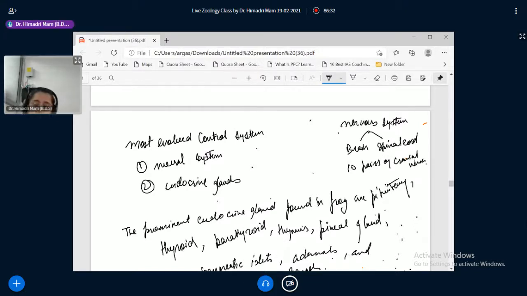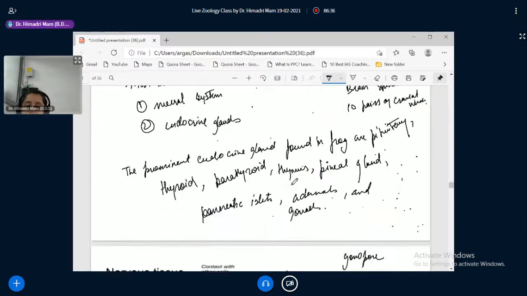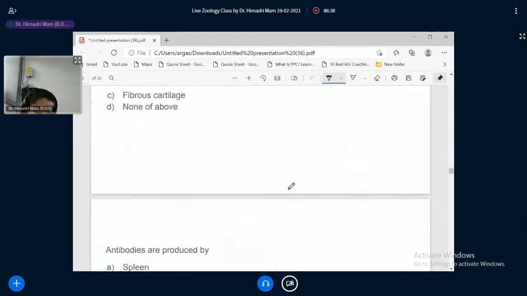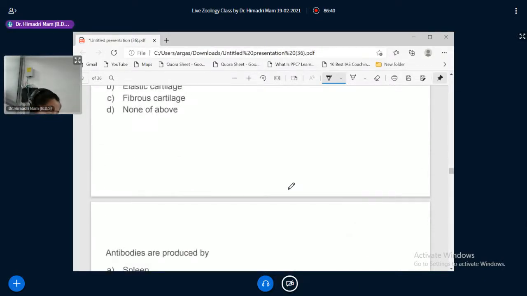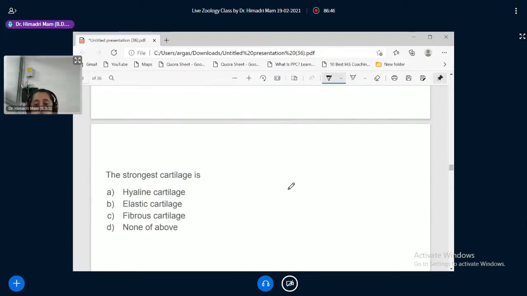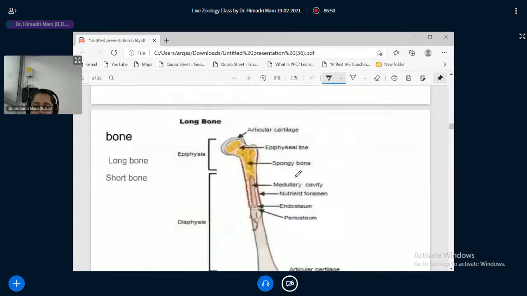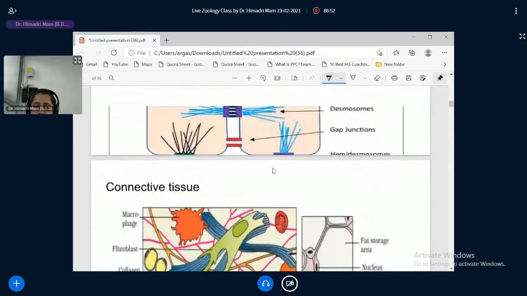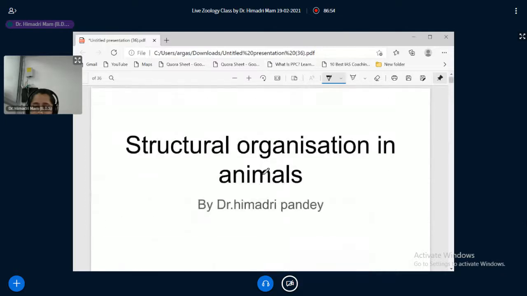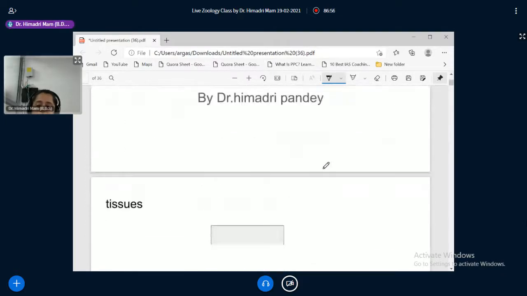Right. So here is all about your frog. So I have completed this chapter, that is structural organization in animals.